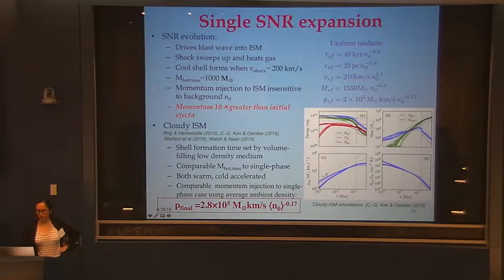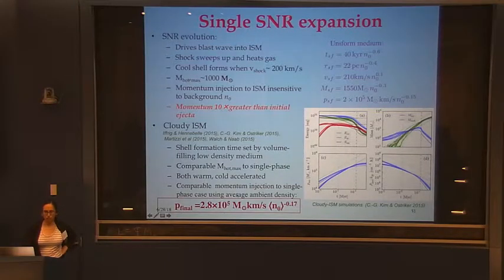This shows momentum as a function of time, and you can see that again, the material is accelerated, but it reaches a maximum value of the momentum basically when cooling is complete and there's no more strong pressure force making the material expand. And so the final momentum is actually quite similar to what you'd get in a uniform density case.